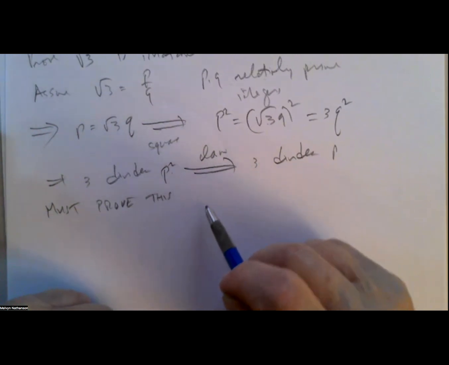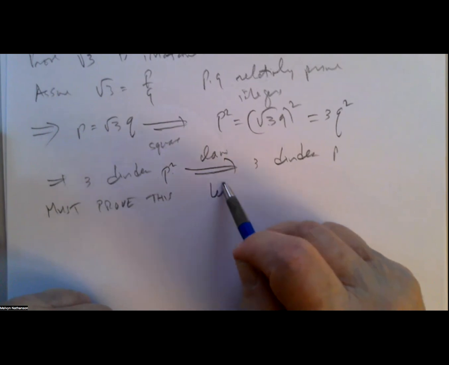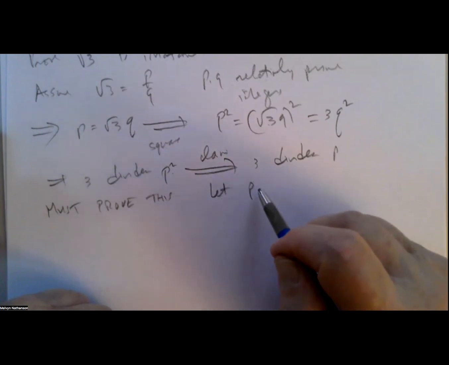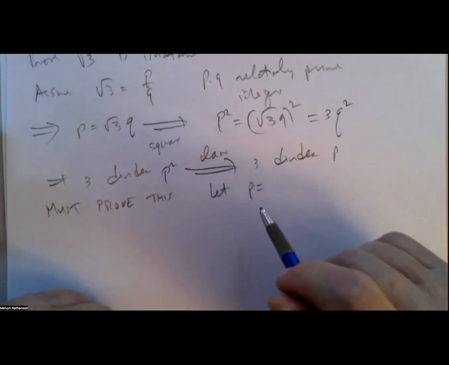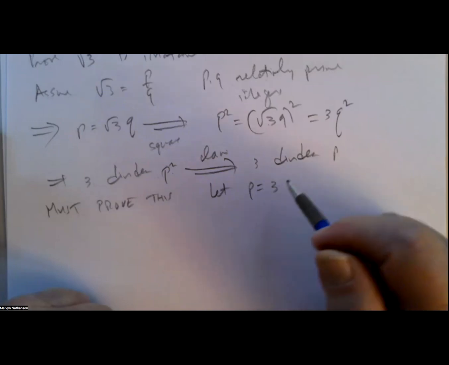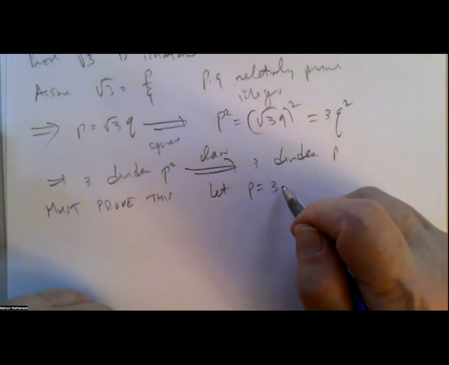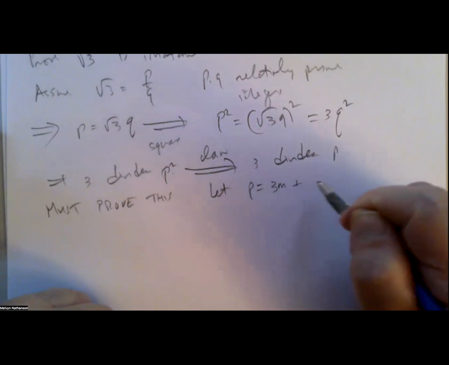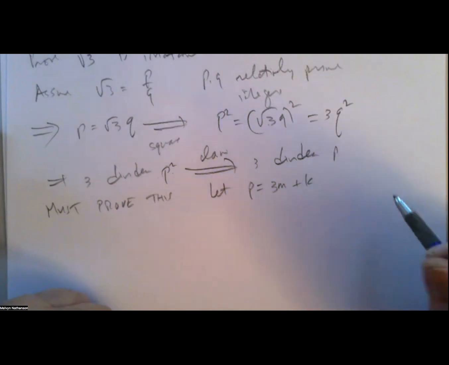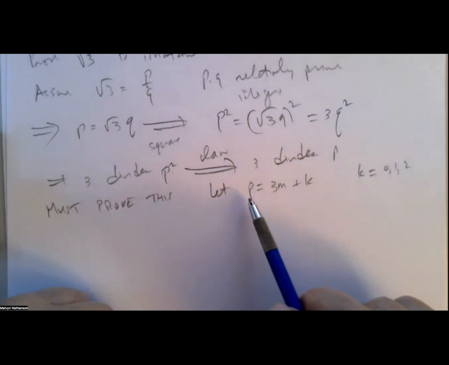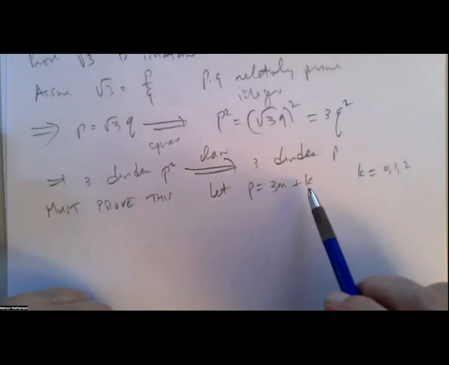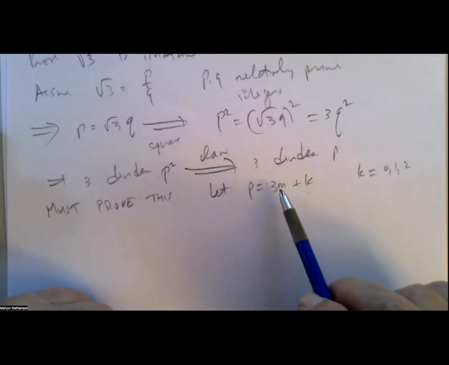So suppose we take p and we divide it by 3. You get, let's say, 3 times some number m plus k, where k is 0, 1, or 2, right? Because if you divide a number by 3, you get a remainder which is less than 3: 0, 1, or 2.